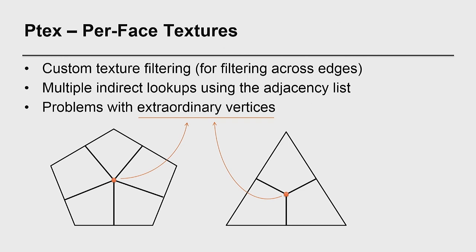These extraordinary vertices become a little problematic, right? If you assume that all vertices are valence 4, that is, they're neighbors to 4 faces, things become a lot easier. But if the vertices are shared by fewer than 4 or more than 4 faces, then you're going to have what we call extraordinary vertices, and filtering across them becomes a problem.